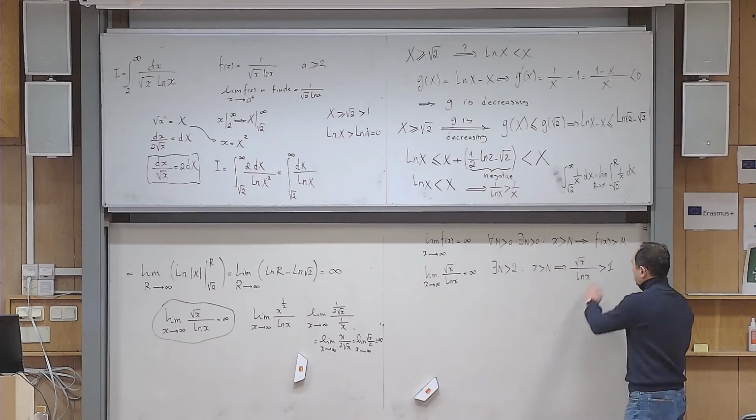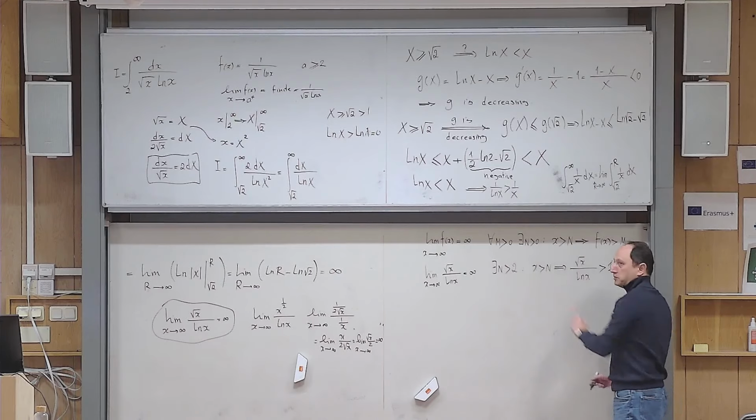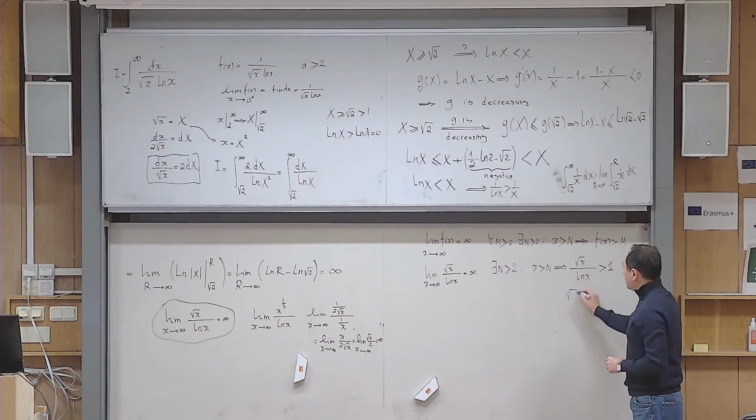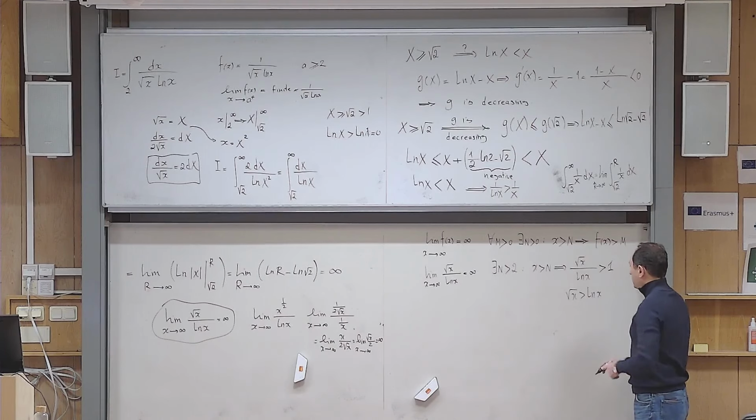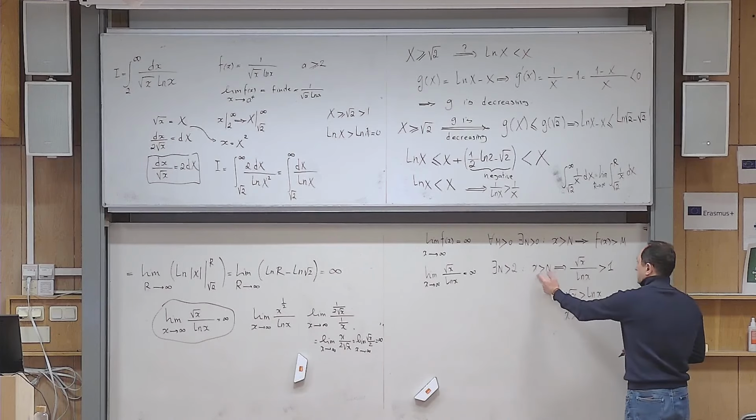But what does this mean? This means that if I am beyond that number, then square root of x is greater than ln of x. I multiply everything by square root of x. This means x is greater than square root of x ln of x. I multiplied both sides by square root of x because x is positive.